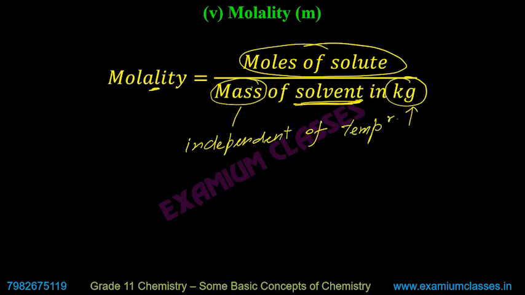Whether you get your weight measured in winter or summer, your weight will remain constant unless you gain or lose weight. The weight of an object will remain constant at different temperatures. So molality has an advantage over molarity in case of different temperatures.